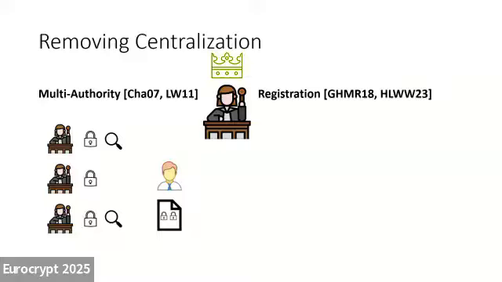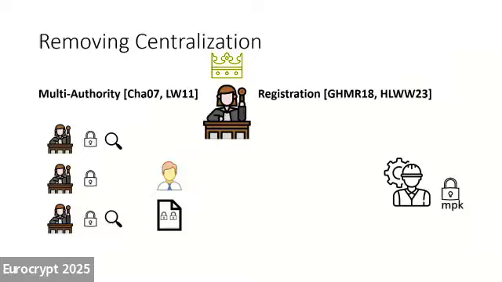In a separate direction, another line of work on registration-based encryption and registered attribute-based encryption focuses instead on the issue of having a central authority with a persistent master secret key, and replaces it with a less trusted key curator.